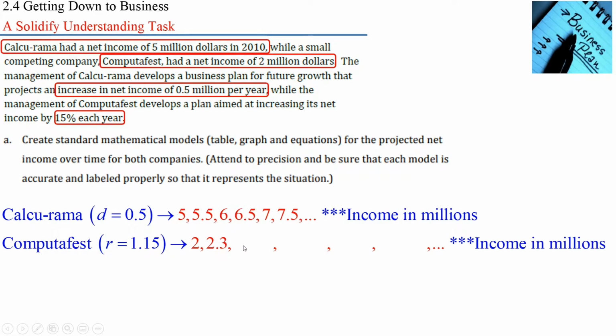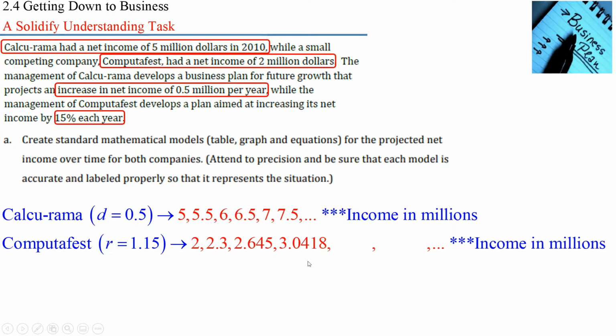Then in 2012, 2.3 times 1.15, and I get 2.645. Then in the next year, 2.645 times 1.15, and I get 3.0418. My calculator may have rounded to that 8 right there.